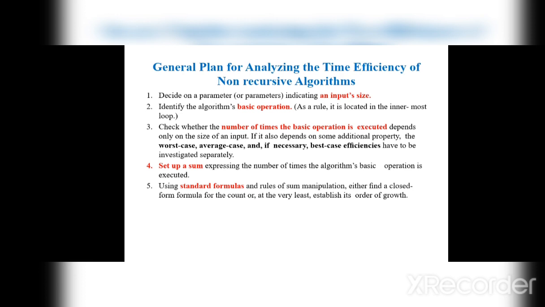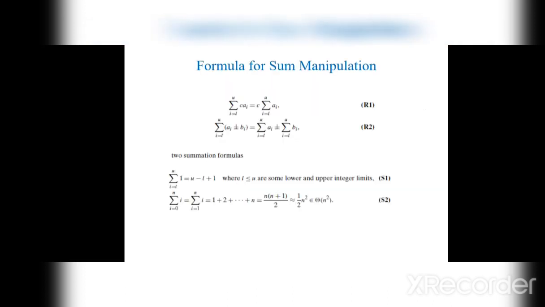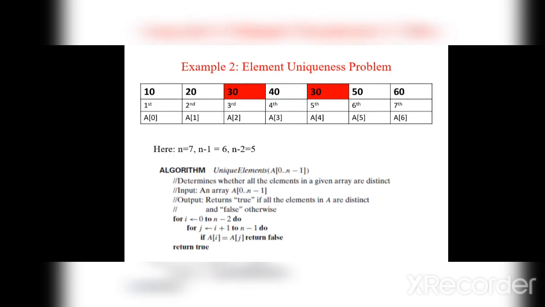The fourth step is setting up a sum expressing the number of times the algorithm's basic operation is executed. The fifth step is, with the help of standard formulas and rules of sum manipulation, to find the closed form formula for the count, or at the very least establish its order of growth. This is the formula for sum manipulation. Please make a note of it.